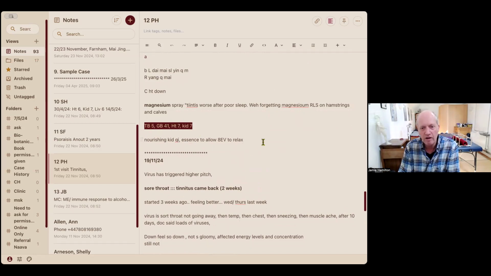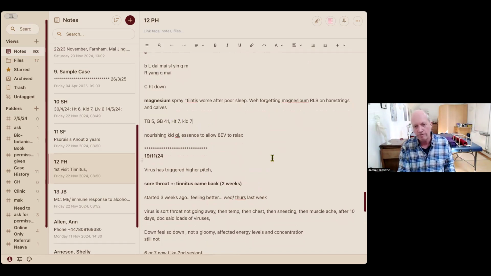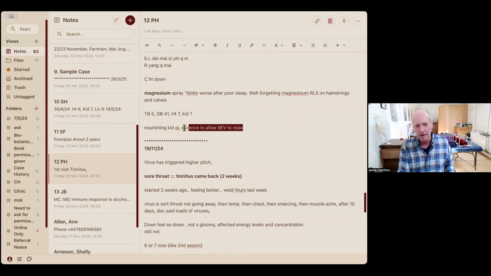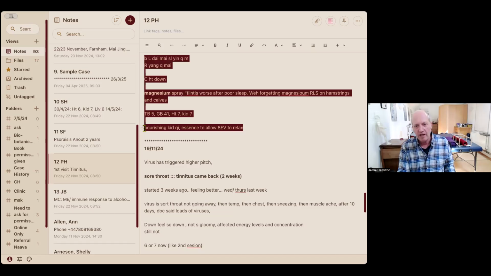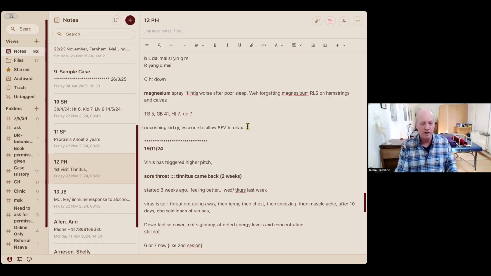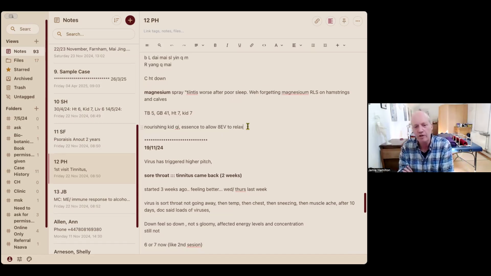That is shorthand for a Shao Yang kind of treatment, maybe a Dai Mai or a Yang Wei Mai treatment that also nourishes the Shao Yin of heart 7 and kidney 7. As I say here, nourishing kidney qi and essence to allow the 8 extraordinary vessels to relax. That's the big picture of what I'm doing with her.